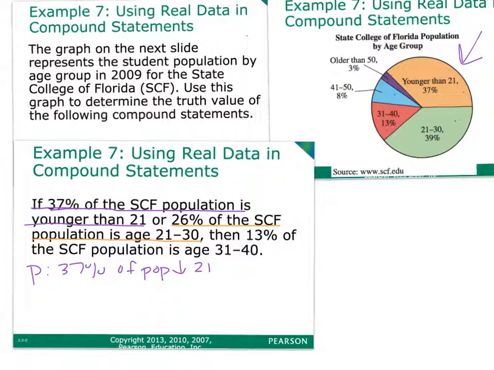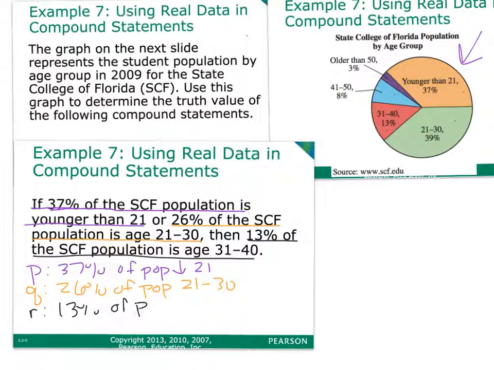So that's my second letter, Q. My third statement is that 13% of the population is between 31 and 40. So that's my third statement, R.